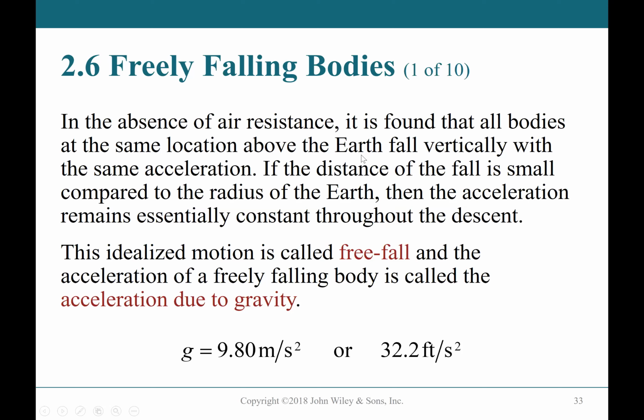If the distance is small, close to the earth, these are the values that you see here. I've given you these values already. So this idealized motion is called free fall, and the acceleration of a freely falling body is called the acceleration due to gravity. And that's why we use this symbol g.